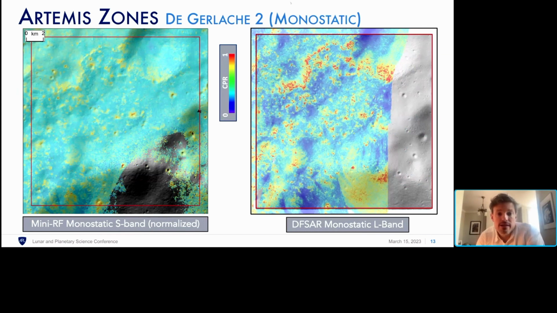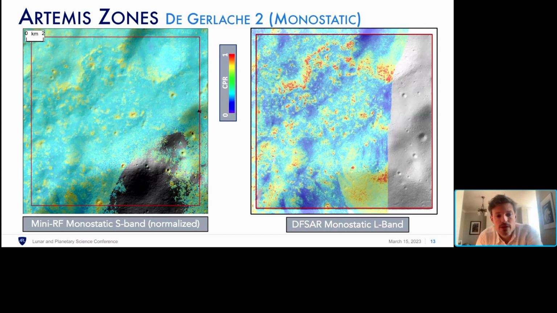Right, and then here we're looking at Glacier 2, or however you want to pronounce it. One of the most prominent features in this region is the Bait Thrust Fault, towards the top of the box here. What's really neat about this is that you can see it has a high CPR. It's probably very blocky in the near surface.